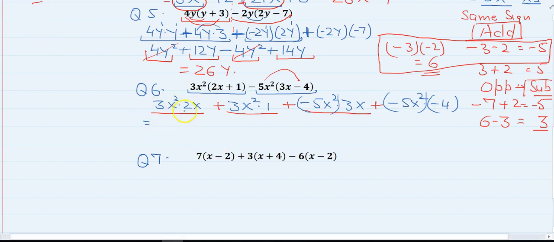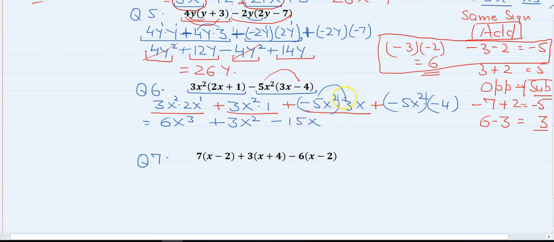Now here 3 times 2 is 6. X to the power 2 and x to the power 1. So 2 and 1 is 3. X to the power 3, plus 3 times 1 is 3. And we only have x square here. This is positive and there's only one negative. So this will be negative. 5 times 3 is 15.